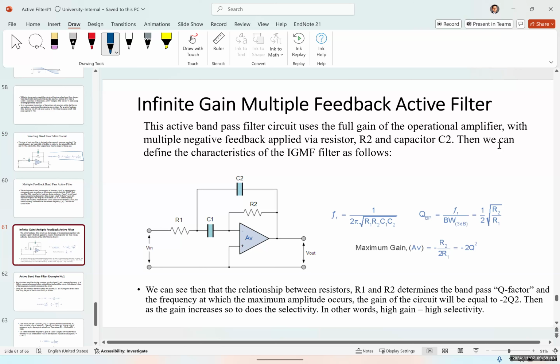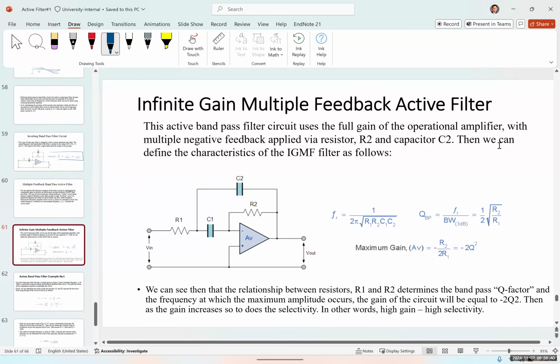For a multiple feedback, FR would be 1 over 2 pi square root of R1, C1, C2. And Q factor is going to be FR, the resonance frequency, over the bandwidth, or half of the square root of R2 over R1. The maximum gain is going to be negative R2 over 2R1, or negative 2Q squared.